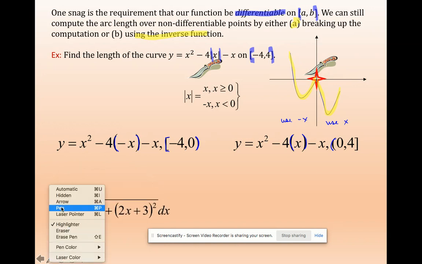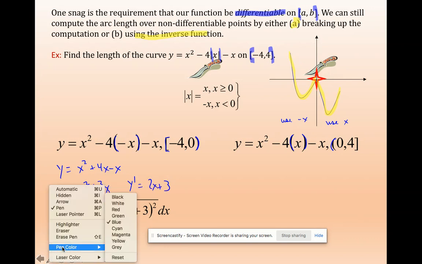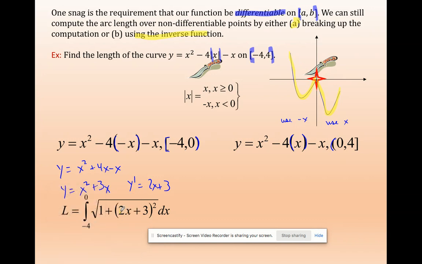So notice though, I couldn't just use y. I had to say y is equal to x squared plus 4x minus x, which means y is equal to x squared plus 3x. Y prime is equal to 2x plus 3, and y prime exists. 2x plus 3 is a continuous function, so the derivative exists.